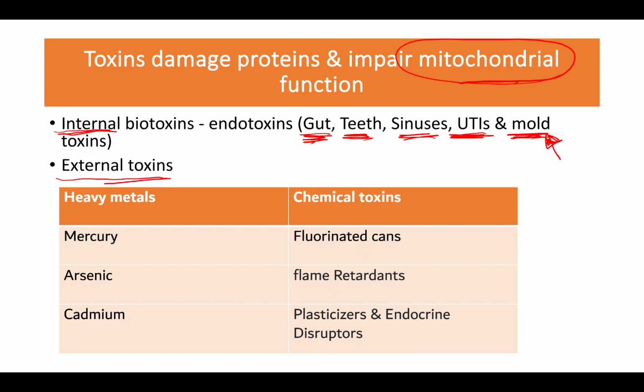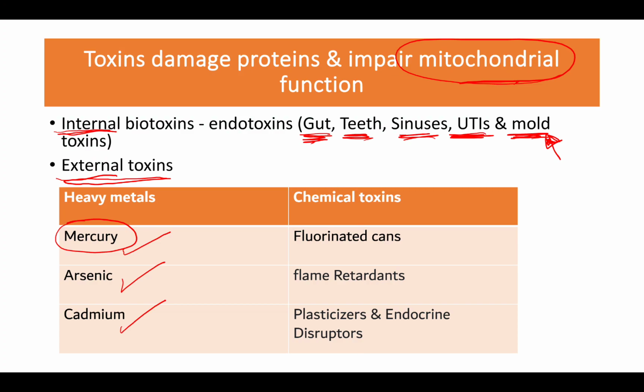The external toxins are huge. We are living in a milieu of toxicity from heavy metals like mercury, arsenic, and cadmium. The mercury is mainly found in the fish and especially the big fish.